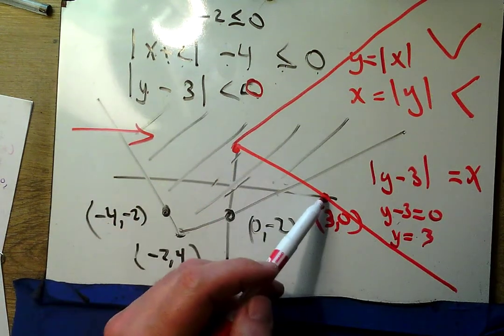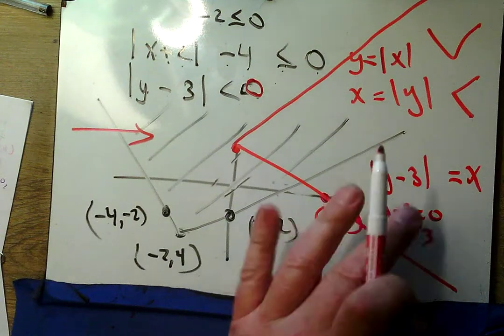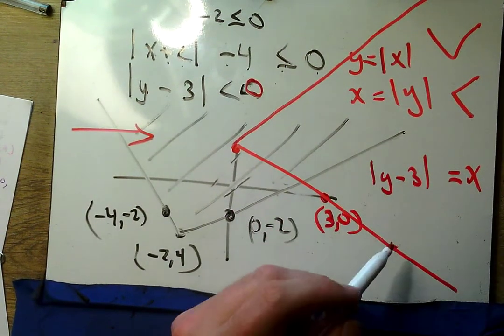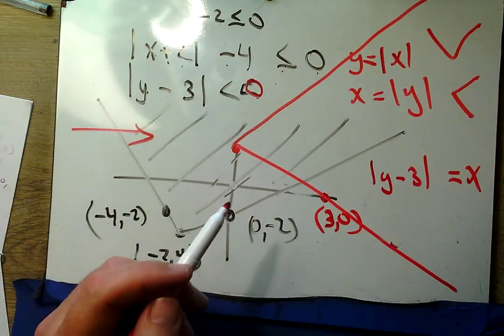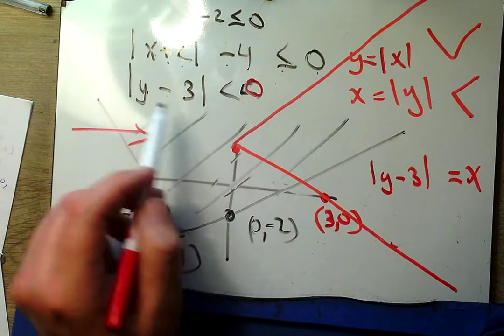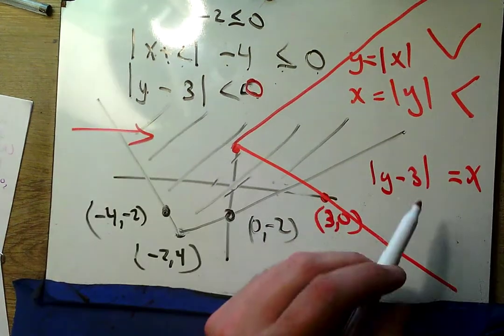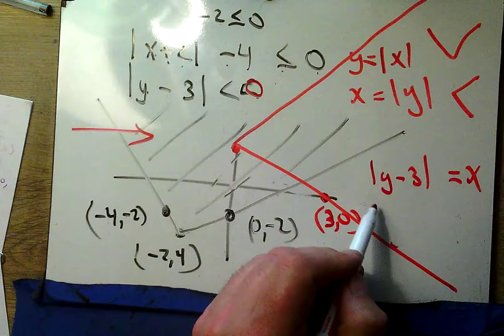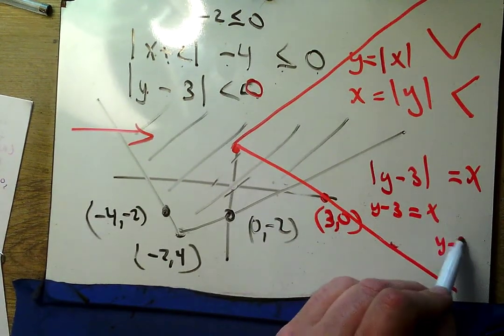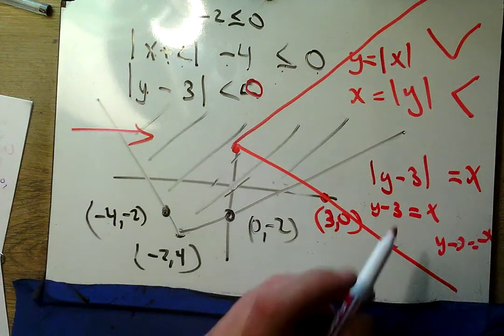No. I'm just going to write both the positive and negative components and see about graphing these. This is why I didn't want you worrying about it, because I'm not going to do this to you on the test. So we've got y minus 3 equals x, and we've got y minus 3 equals -x.